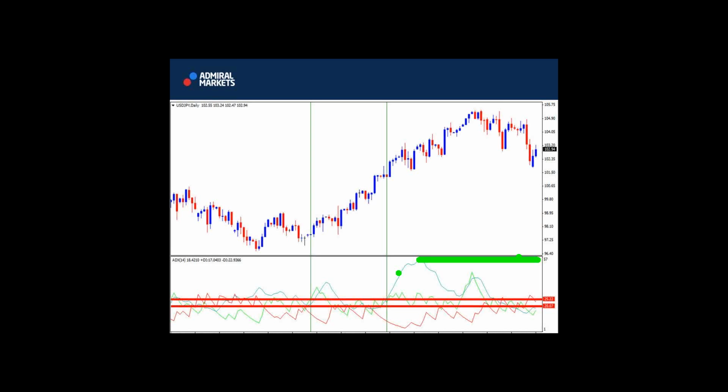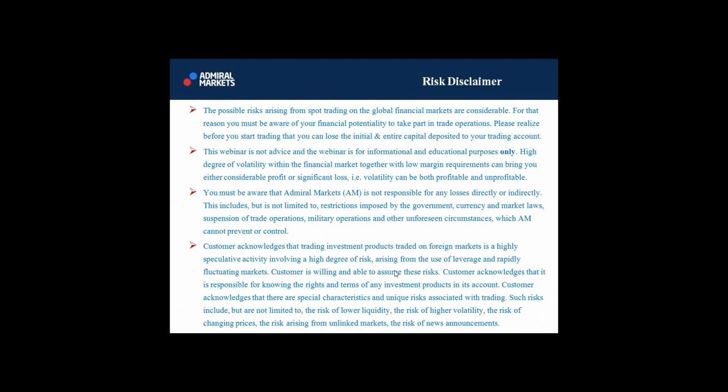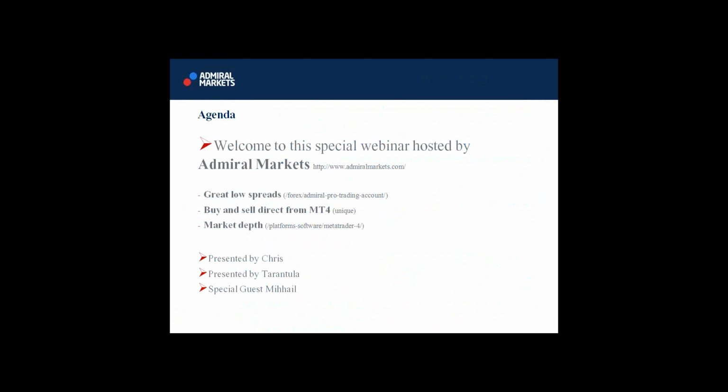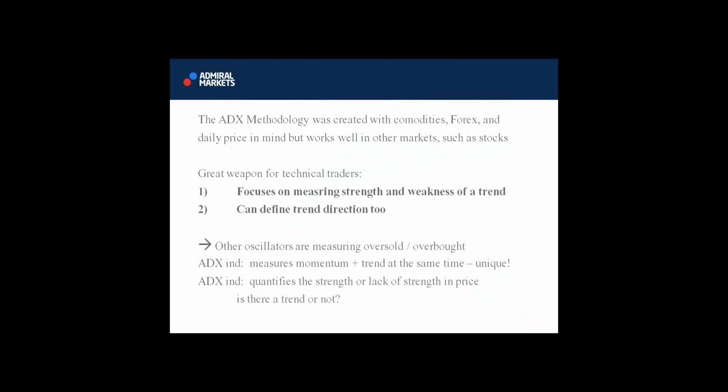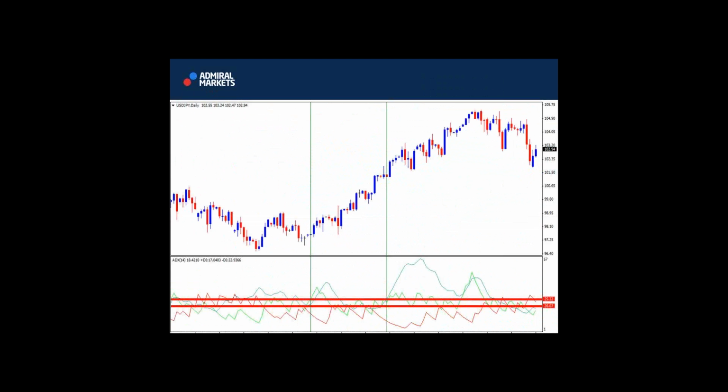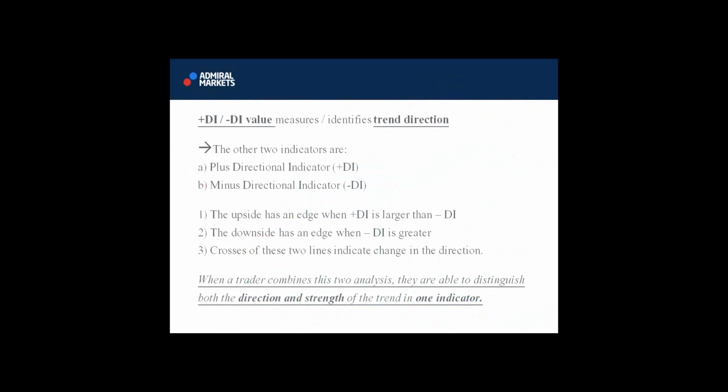So now we're going to talk about the red and green one, because you can also have an idea about their direction as well. Now we've been only talking about the strength and the momentum, the strength of the trend, basically.